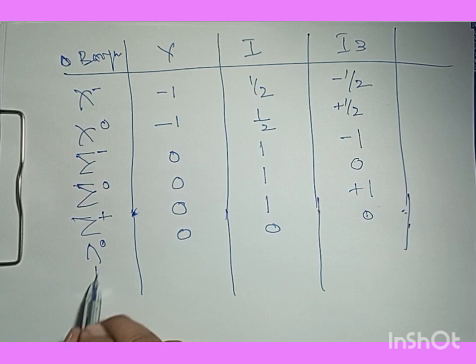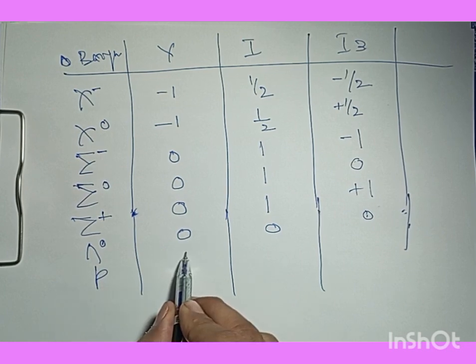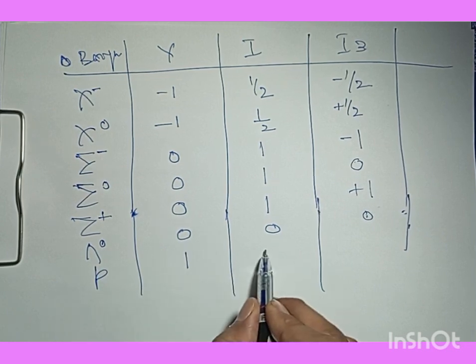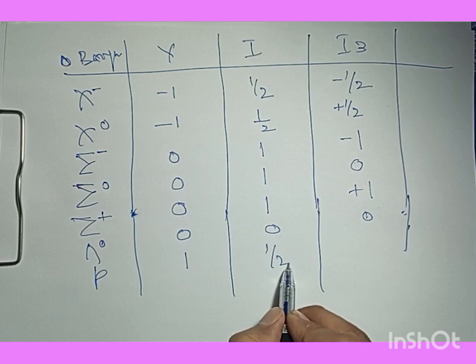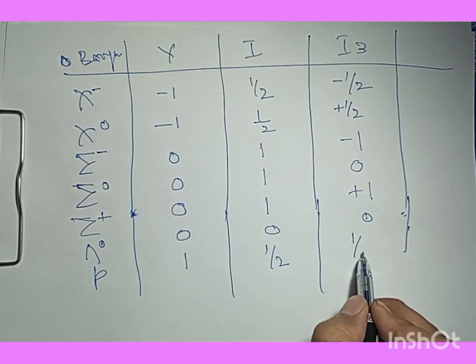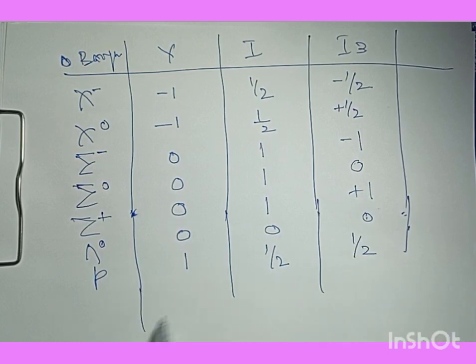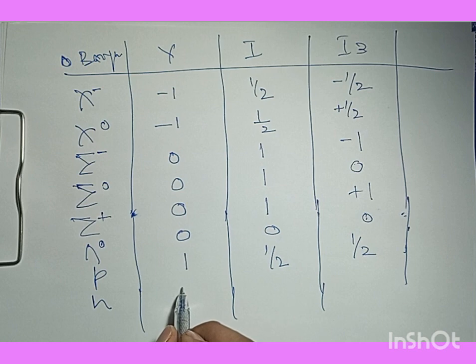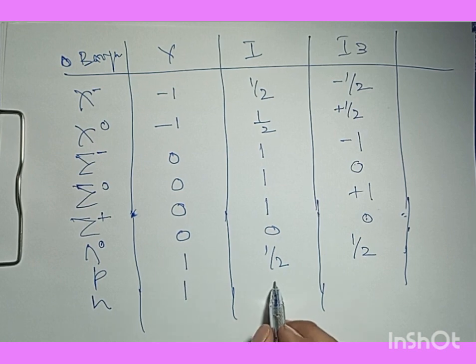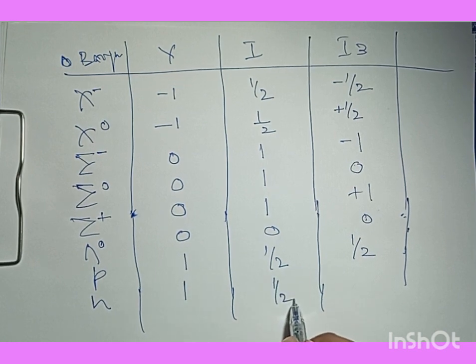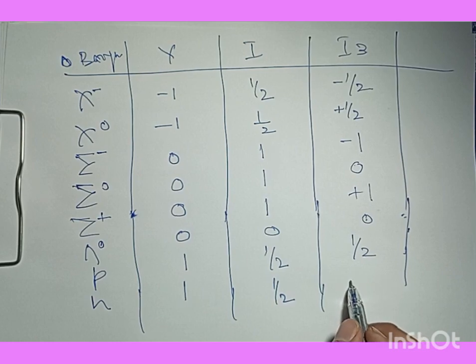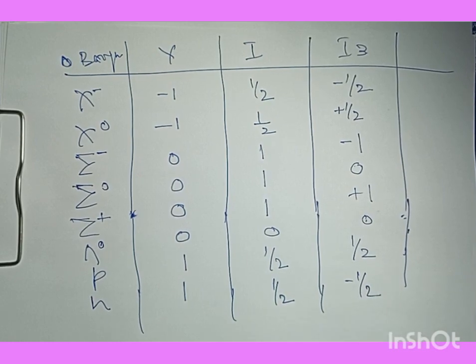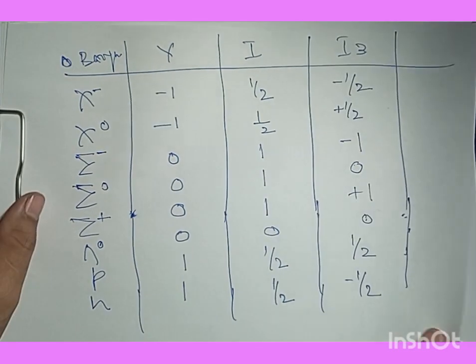Taking the proton, it has a hypercharge of plus 1, isospin 1/2, and third component of isospin 1/2. And finally, the neutron has a hypercharge of 1, isospin 1/2, and a third component equal to minus 1/2.